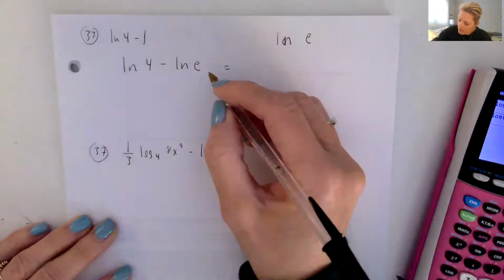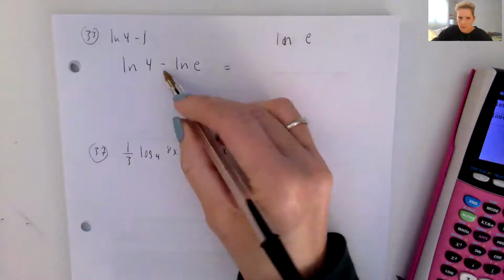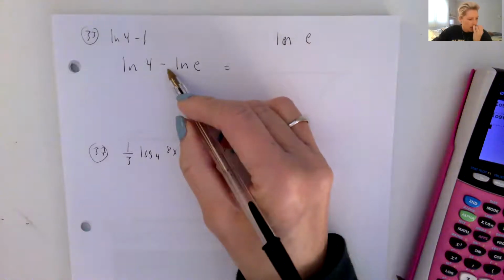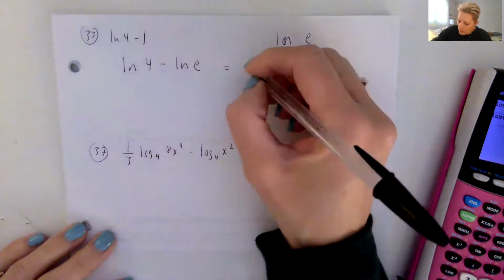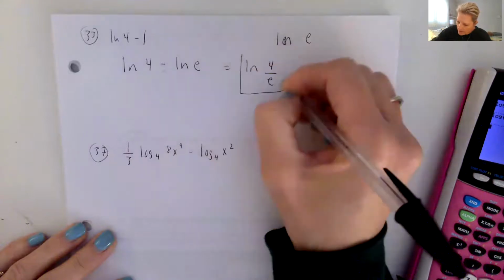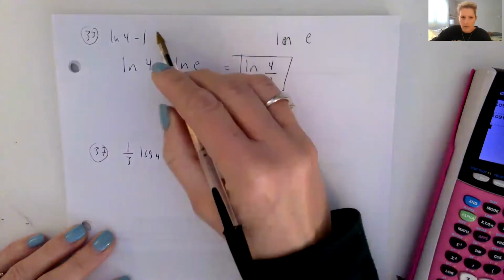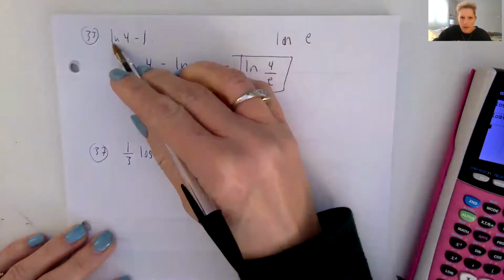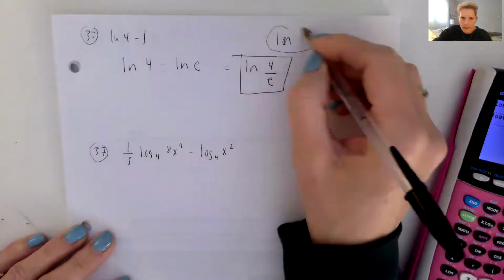And because this is subtraction, it is really the quotient, the natural log of 4 divided by e. So whenever we see 1 with the natural log, we're going to have to think of it as this.